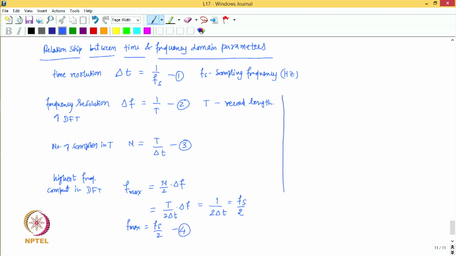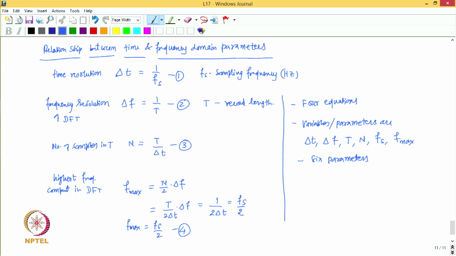So we have 4 equations which relate the time and frequency domain parameters, and how many variables do we have? The parameters are delta t, delta f, the record length T, the number of samples N, the sampling frequency fs, and the highest frequency in the spectrum, which defines the frequency range of the spectrum. So there are 6 parameters.